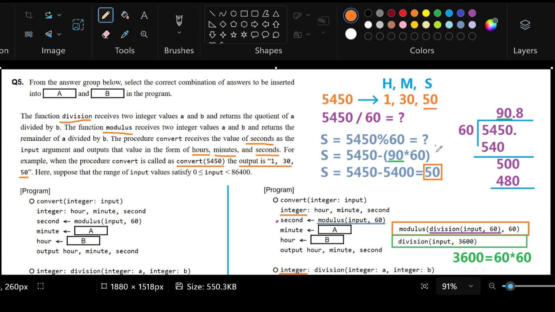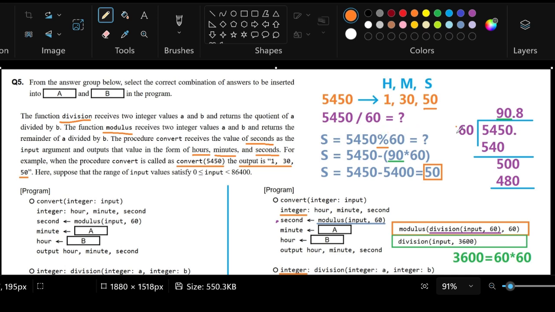That's why you can see that we have to go back to something that we've learned when we were in grade school. And again, remember that if we are going to do a modulus, we would need to do a division because the modulus would give us the remainder.